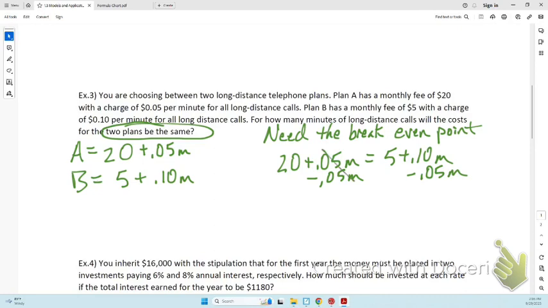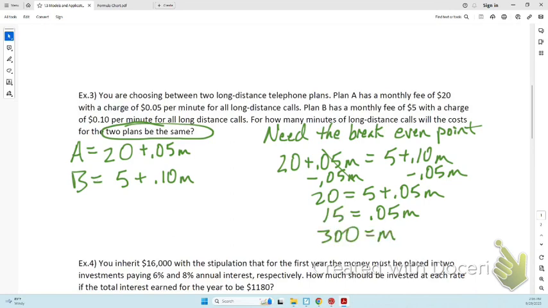That could be confusing. Subtract 5 from both sides. And we end up getting 300 minutes. So at 300 minutes, the two plans will cost the same.